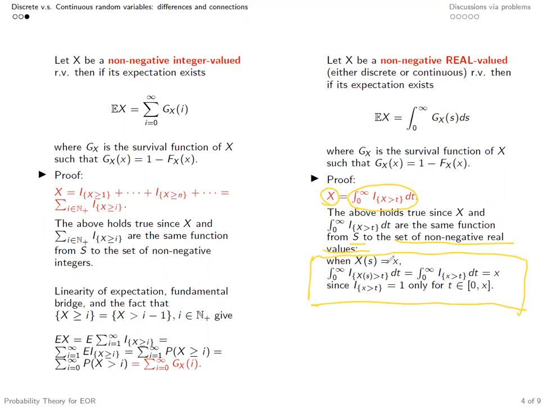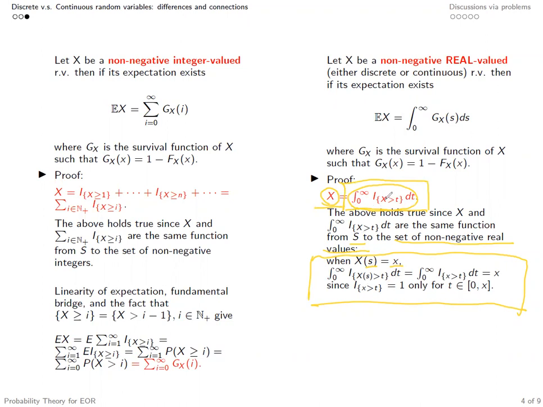Suppose now the left-hand side of this identity, X, maps this outcome from the sample space to x. Let's see what number would be assigned to this outcome by the function on the right-hand side of this identity. Surprisingly, it's the same number.